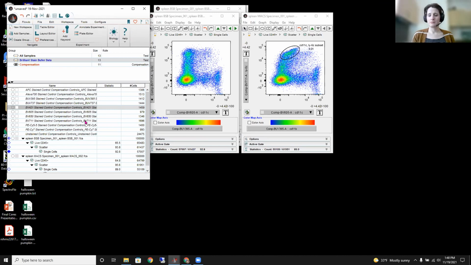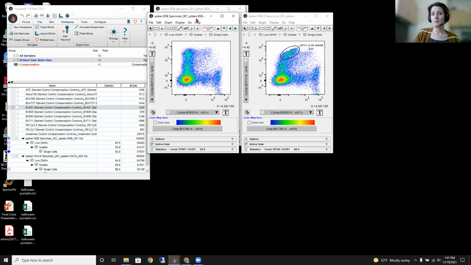So in addition to the Brilliant Stain Buffer or the Super Bright buffer, they actually have Brilliant Stain Buffer Plus, or a super version of it, where you have a more concentrated version of this reagent, and you add a smaller amount to your well or to your tube, so that you can have better conditions as far as volumes are concerned when you're staining.